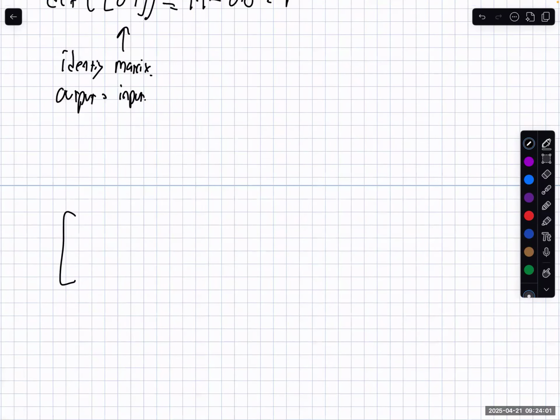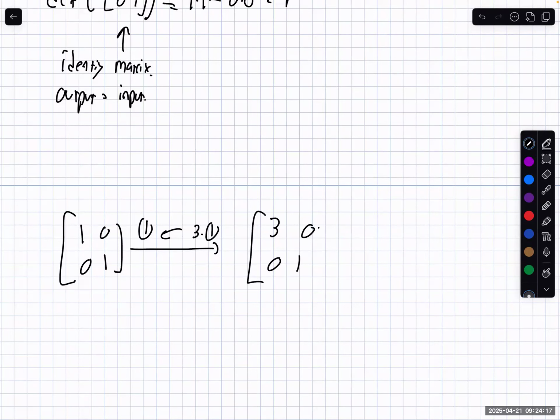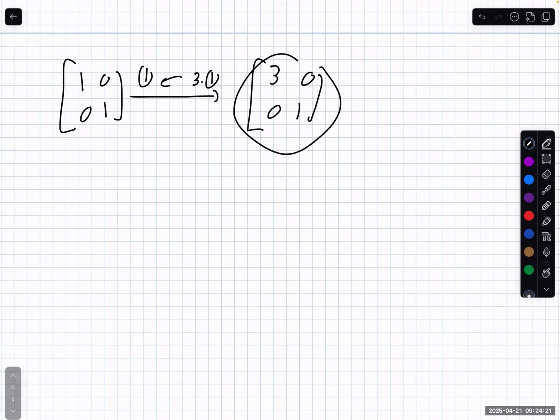Okay, so I'm going to take this matrix, replace row 1 by 3 times row 1. Okay, now watch how this matrix transforms.